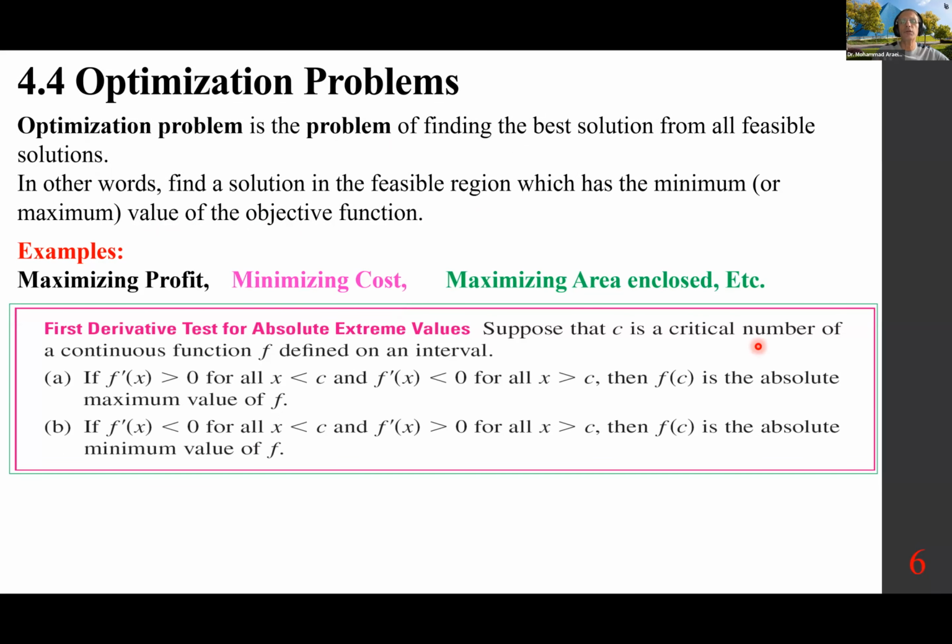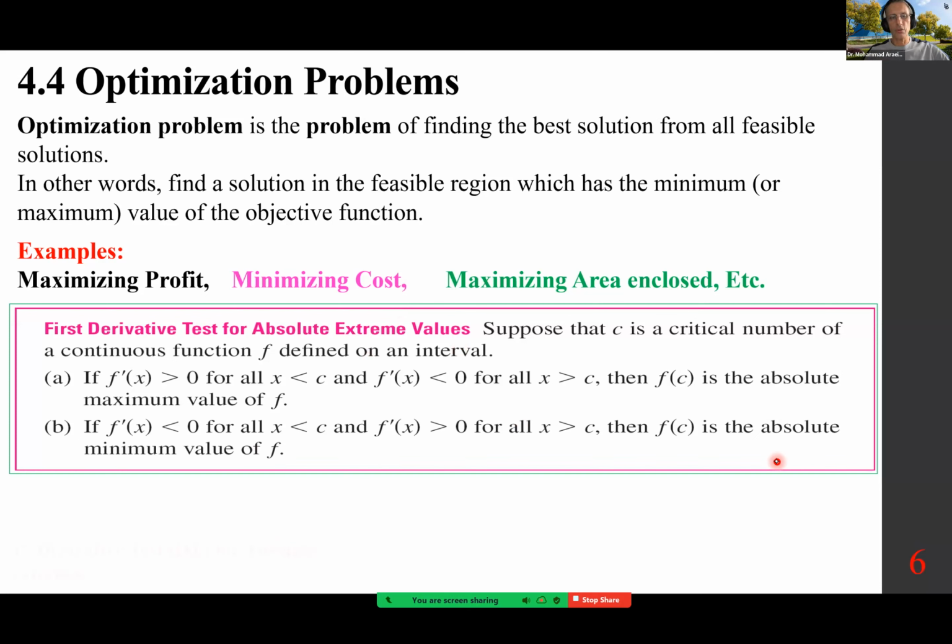If we happen to have a critical number c of a continuous function, f prime is positive for all x less than c, and f prime is negative for all x larger than c, then f of c is the absolute max of the function. Otherwise, it becomes the absolute min.